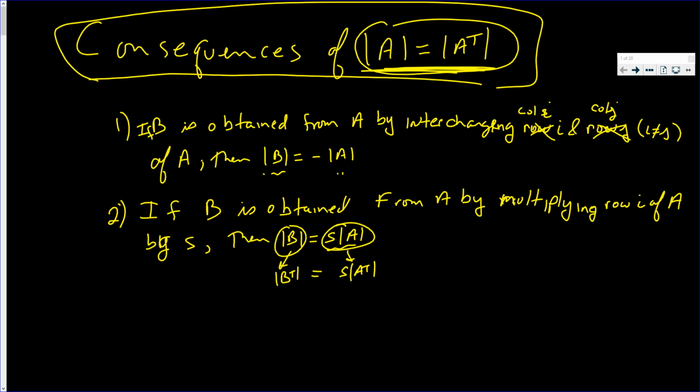And now, what is going on here? If matrix B is the same as matrix A, except row I was multiplied by S, then matrix B transpose is nothing more than matrix A transpose, where column I is multiplied by S. That is, I can cross this out and put column I. And I don't have to reprove it.